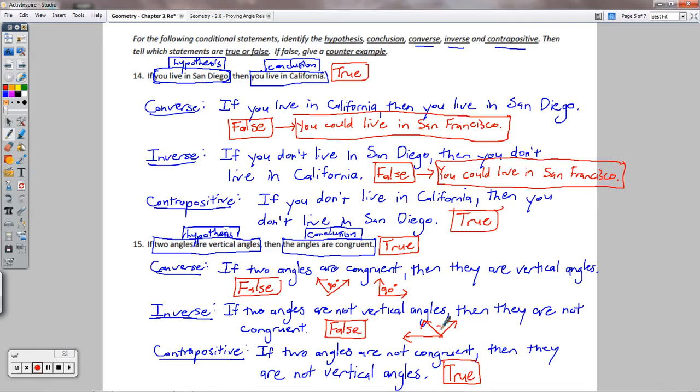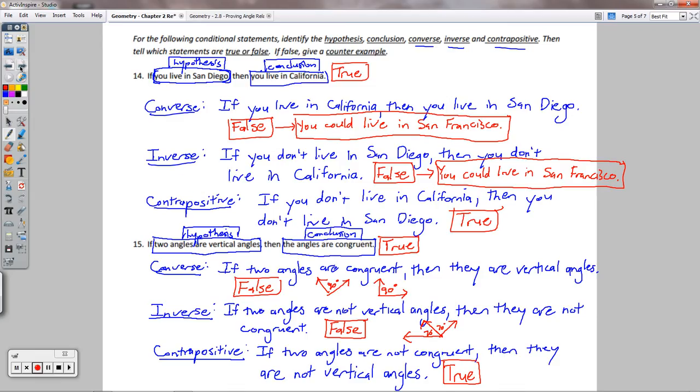Why don't I go with 70 degrees and 70 degrees right here. So these two are congruent, but they're not vertical angles. So another counterexample. Both of these counterexamples would work for the other one as well.